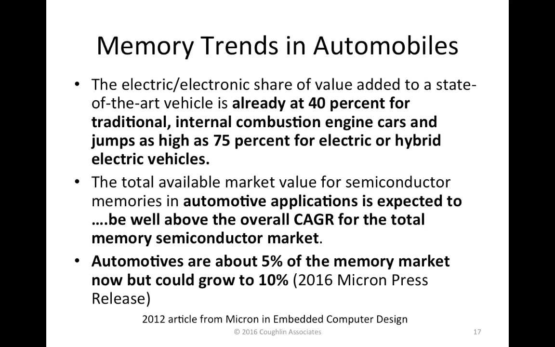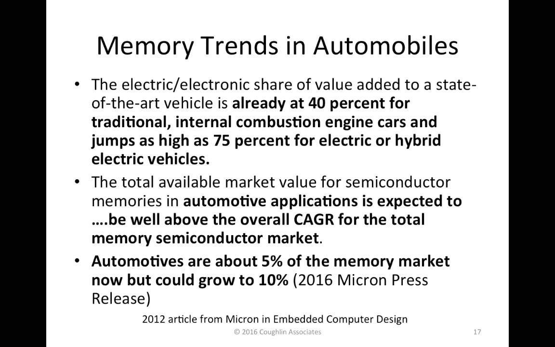So let's start to look at some of the memory trends in automobiles being driven by these trends. The electrical and electronics share of the value added to a state-of-the-art vehicle is about 40% for traditional internal combustion engine cars at this time. That jumps to about 75% of the value for electric or hybrid electric vehicles.